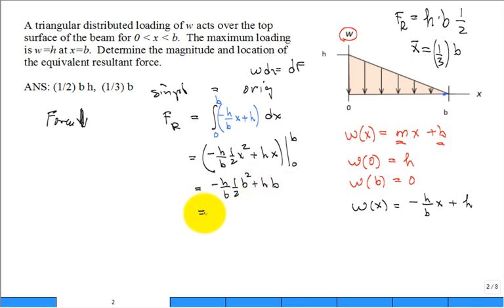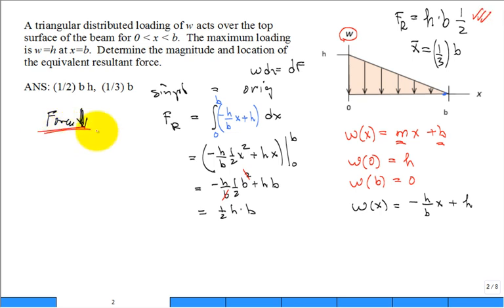So this is going to be, I cancel one of the b's, and we have negative 1/2 hb plus 1 times hb. Isn't that 1/2 h times b? Hey, is that what we set out to show? Yeah, that's what we set out to show. Okay, now that we did that one, that was all considering force.